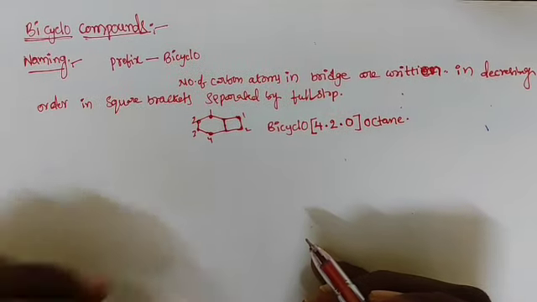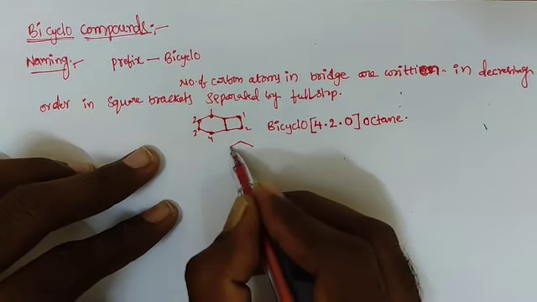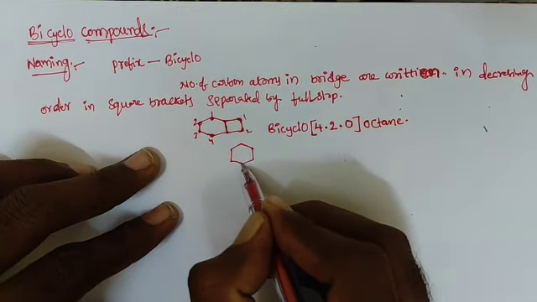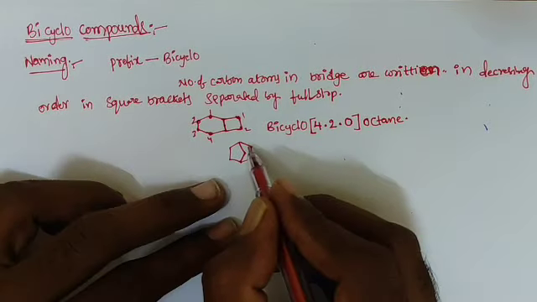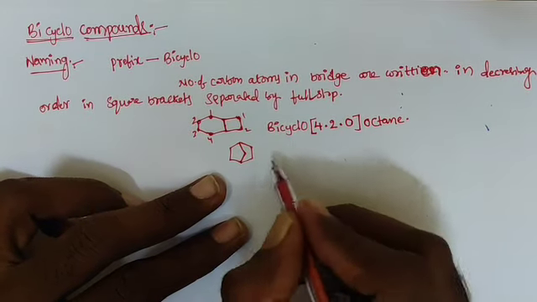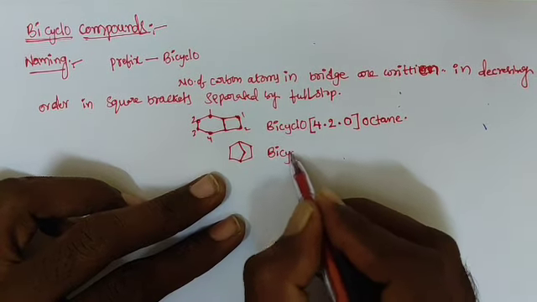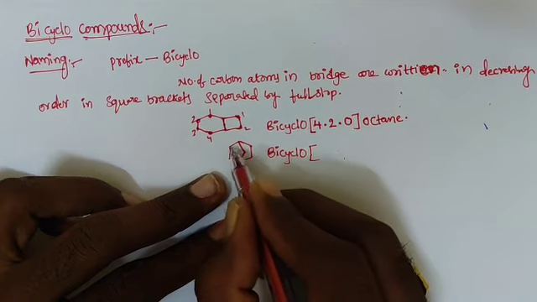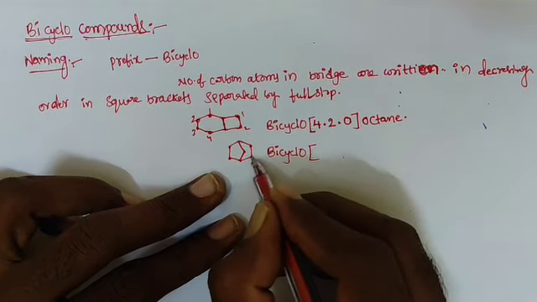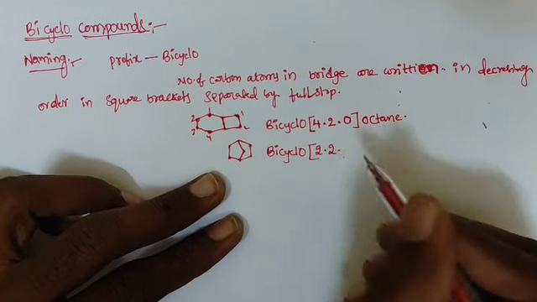One more example, a compound like this. In this compound 2 cycles are there, so we call it bicyclo. Bracket open, 1 2 this side, 1 2 this side, so both are same: 2.2.